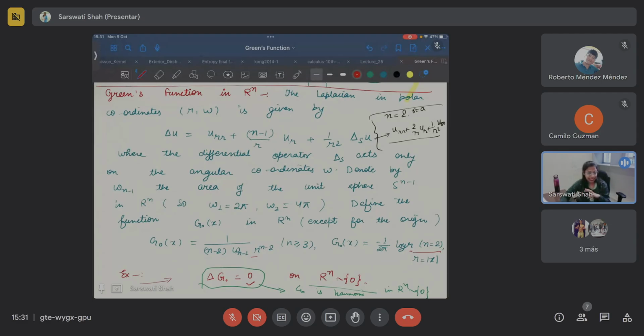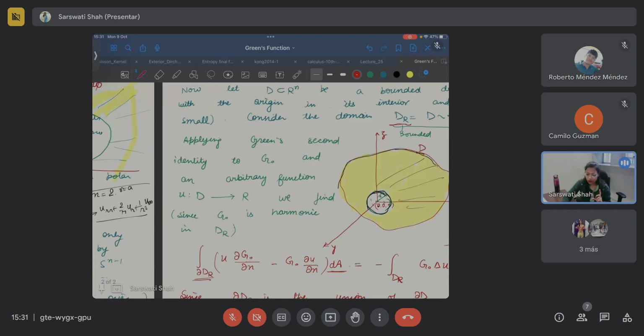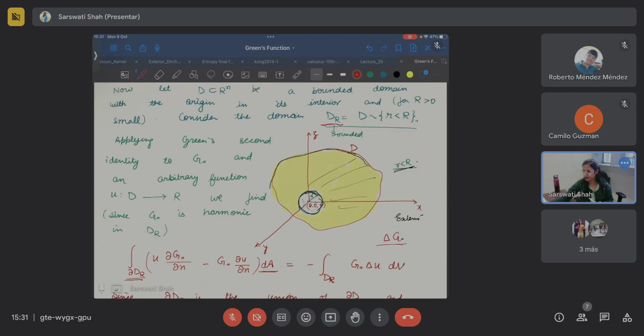If we are in three dimensions, then it will be a sphere. If we are in more than three dimensions, then what will you call it?